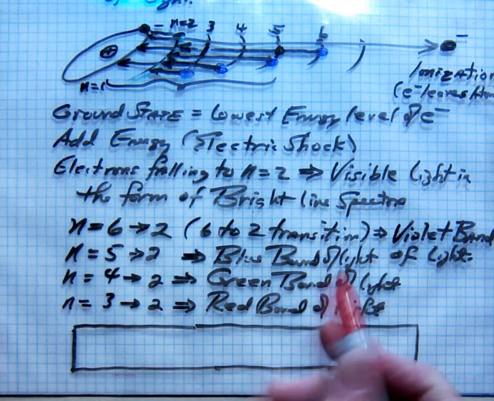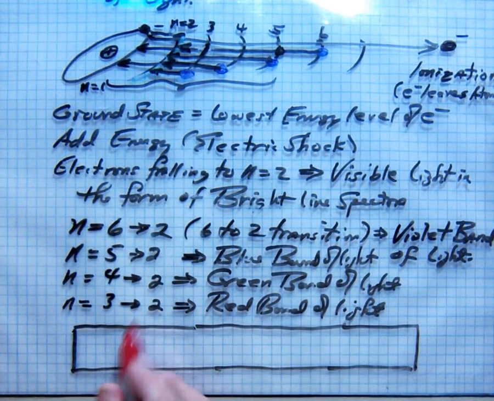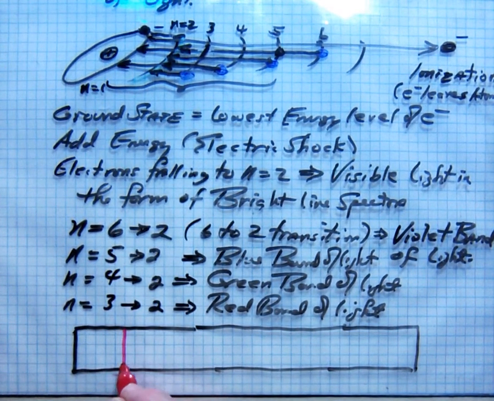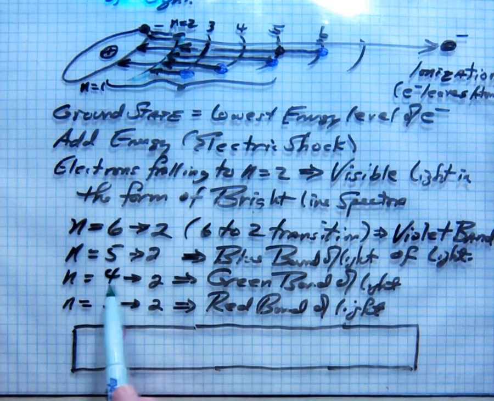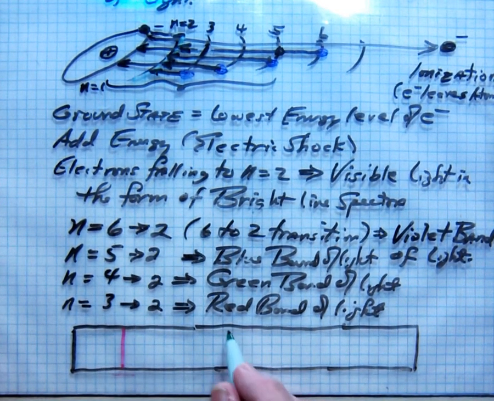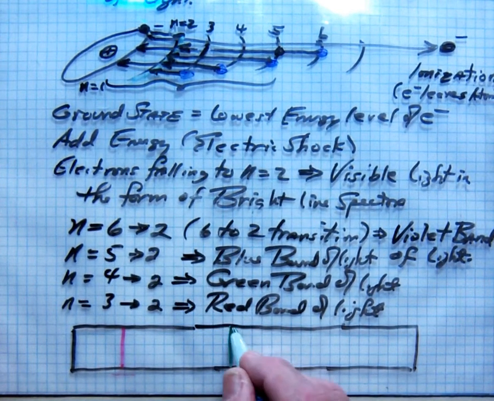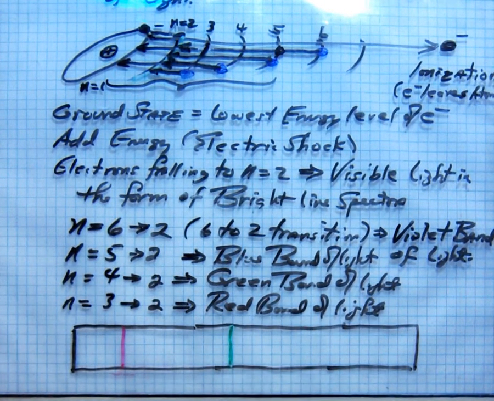You will see for the 3 to 2, you will see a red band. Just like that. When you look through, it's kind of like looking through a prism at white light. You get this right here, the continuous spectrum. Let me finish this and I'll give you a spectroscope. If the electron is moving from 4 to 2, it's going to give off a green line band. Very sharp line.